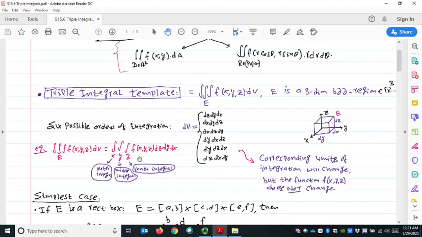So here I refer in my lecture below, z is my inner variable, y is my middle variable, and x is my outer variable. Then correspondingly, z is the inner integral, y is my middle integral, and x is my outer integral. So great.